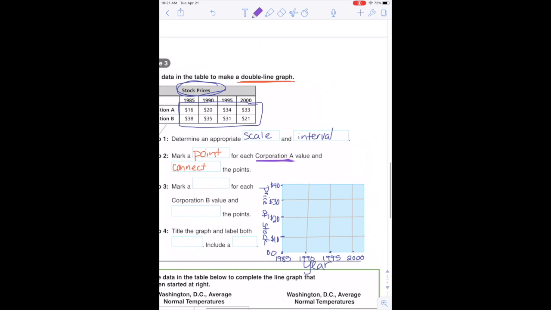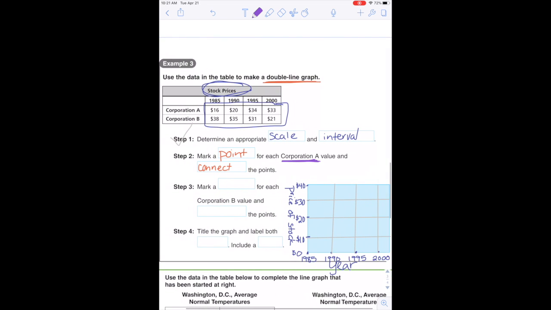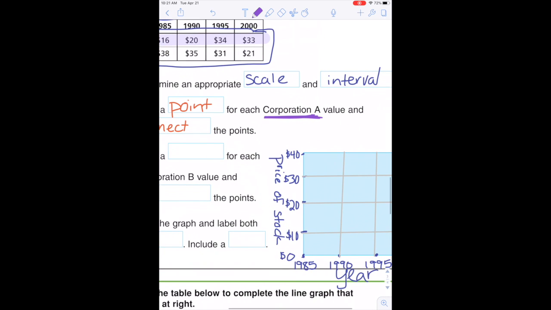Okay, so on here, we're going to look at corporation A, and we're going to mark purple points for all those. So in 1985, they were at $16. In 1990, they were at 20.